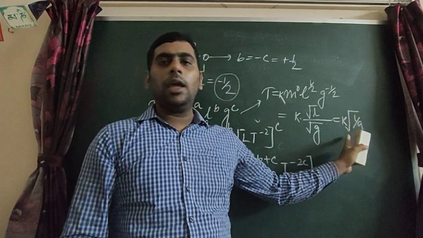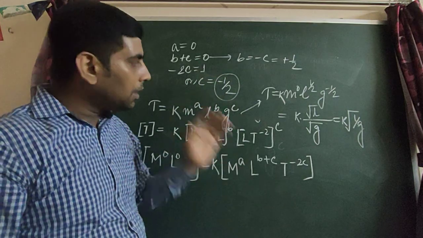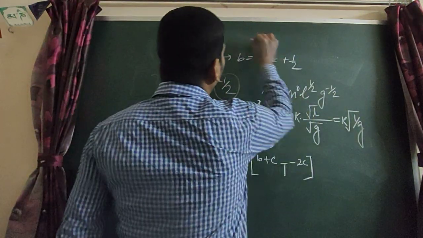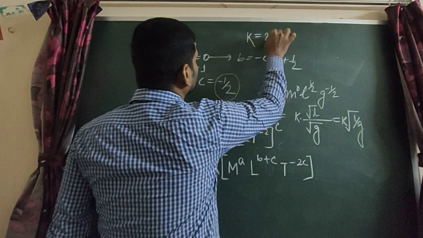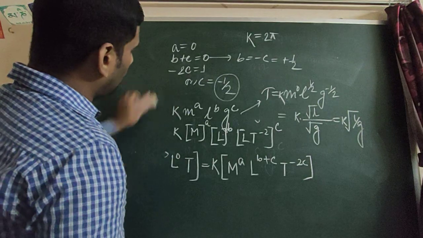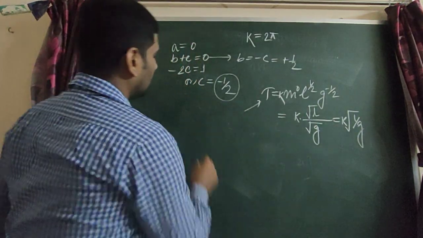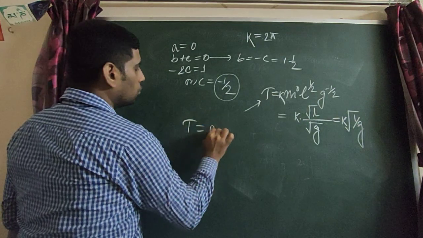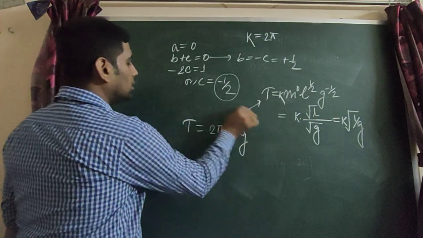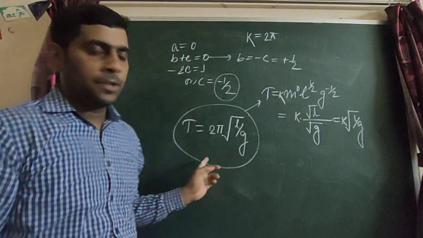Now the value of K cannot be found by using this dimensional analysis, but from experimental values it has been found that the value of K is 2 pi. So finally, the equation of T we get as T equals to 2 pi root over L by G. This is the expression of time period of oscillation.